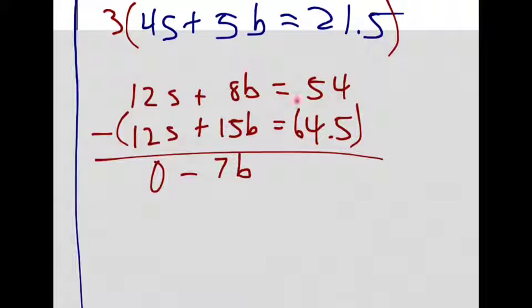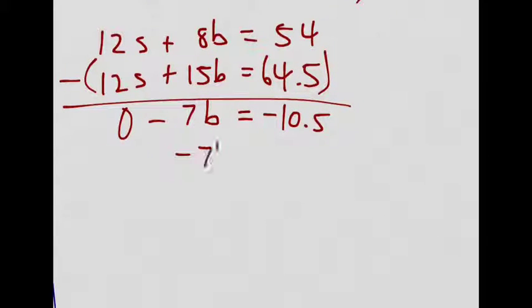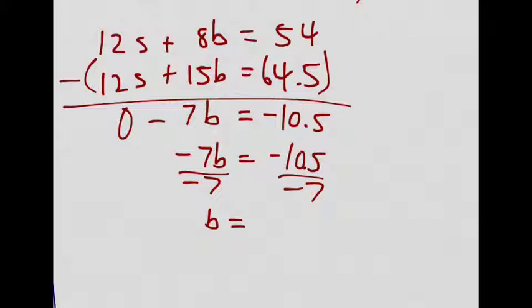And 54 minus 64.5 is negative 10.5. So I have negative 7B equals negative 10.5. Divide both sides by negative 7. B then equals 1.5, just like we had last time.